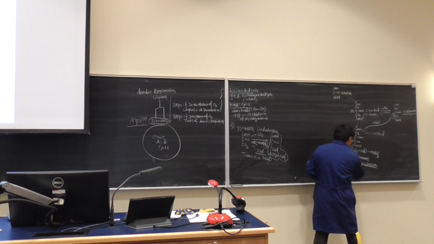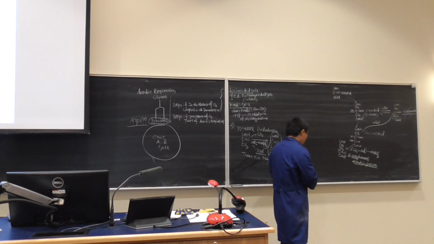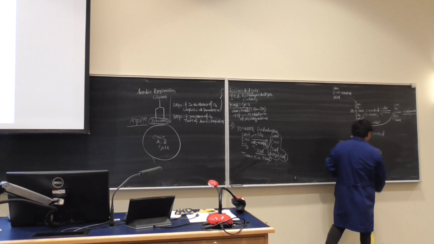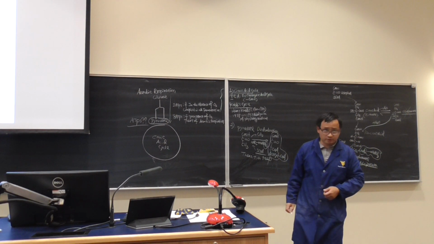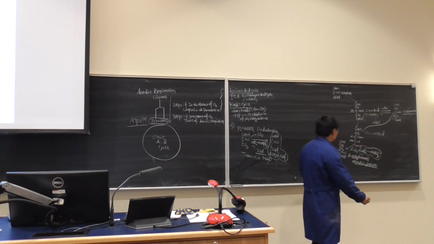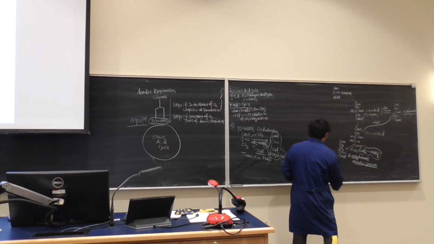Okay, that's important chemical. Now, every time when you see something this happens, I usually will suggest you to circle it, because NAD reduced to NADH2, that means something gonna happen. Okay, alpha ketoglutarate.